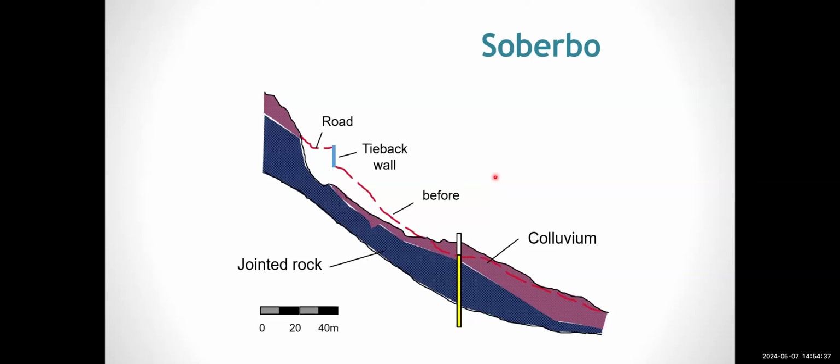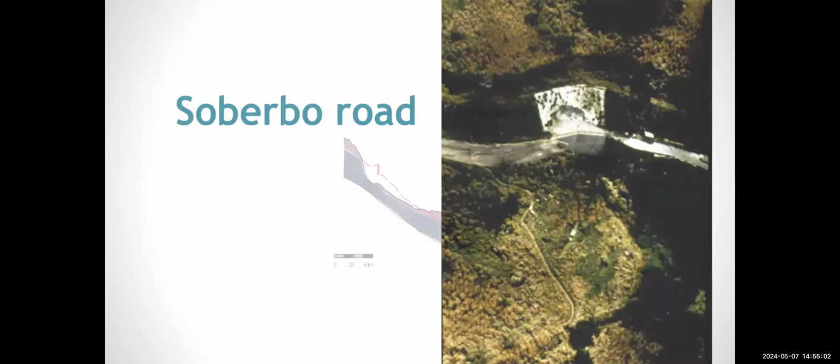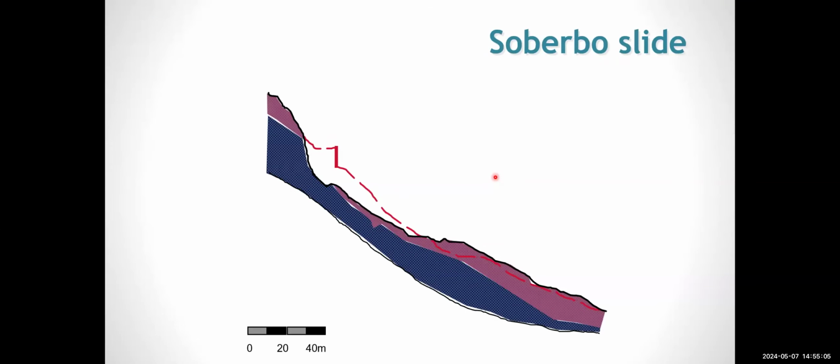There were 3 or 4 theses at my university, the university I used to teach long ago, Federal University of Rio, and people were concerned about rising of pore pressure, shocks, etc., until a friend of mine, a very good geologist, went to the site, and this was an aerial photograph of the time, of this Soberbo slope, and he noticed that there was a change in inclination, more or less at this point, another change of inclination, and decided to carry out inclined boreholes.